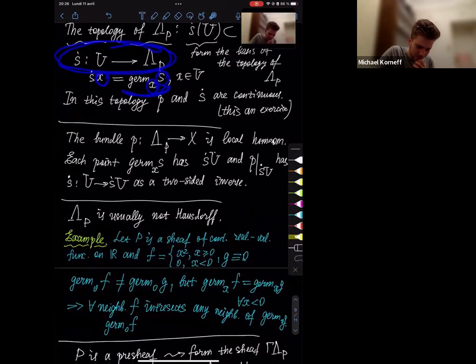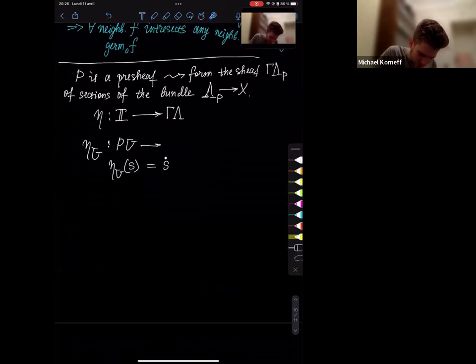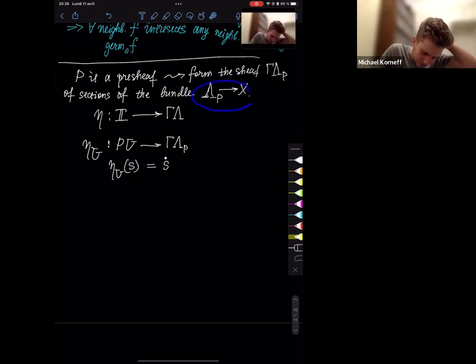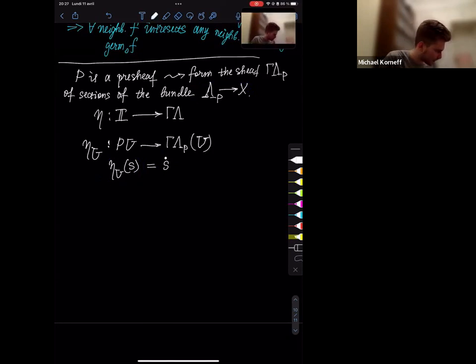And eta U of S is just S dotted, and S dotted belongs to the sections. It is just a section of this bundle over U.